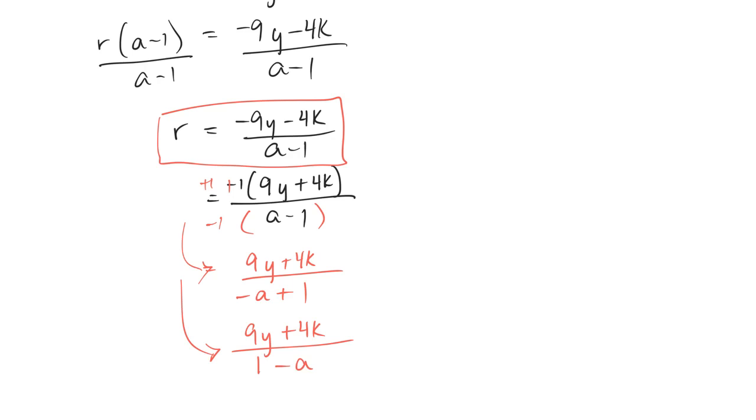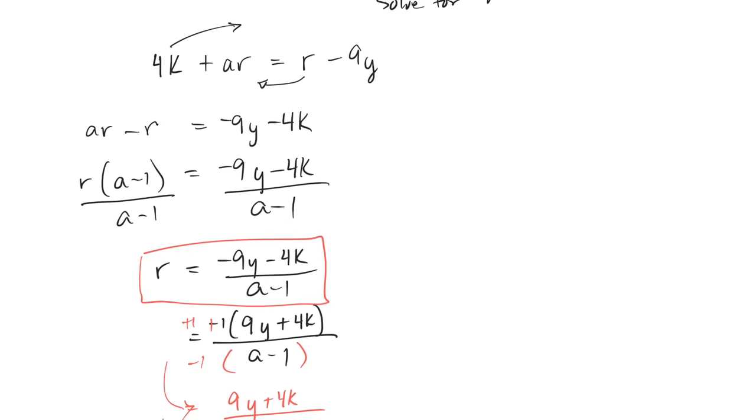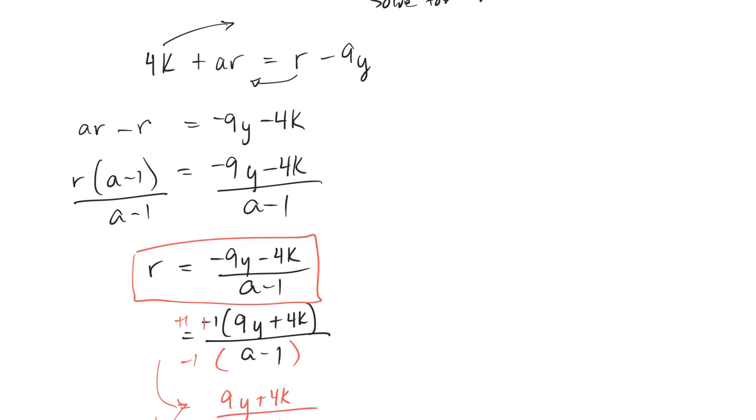Now, if I'd have done the question where I took the R to the other side, let's do this in blue. So let's take this to this side, and then take that to the other side. Oh, is this going to get mixed up? So it'd be 4k plus 9y is equal to R minus aR.